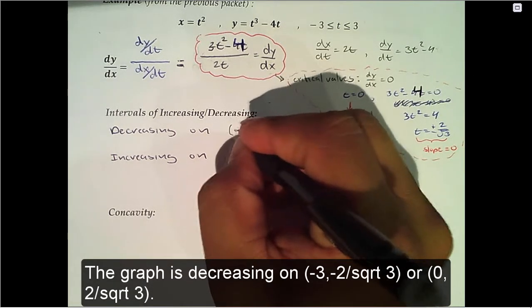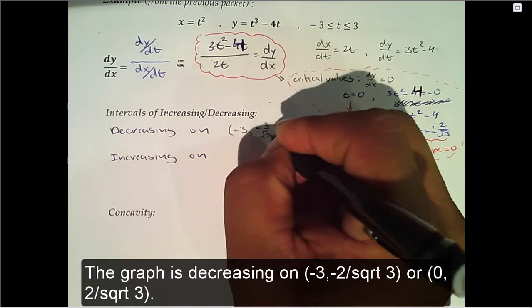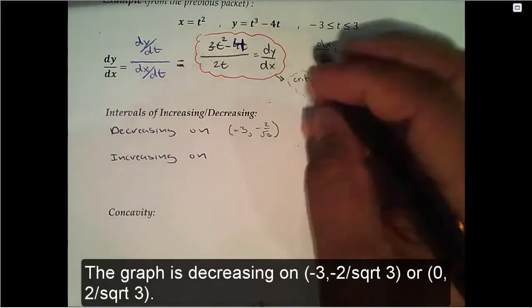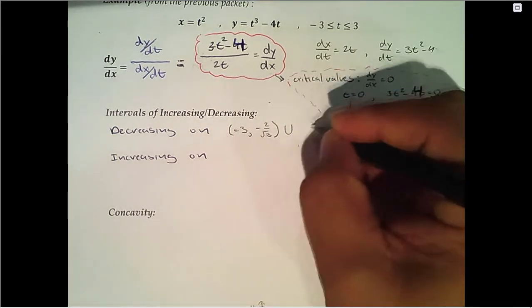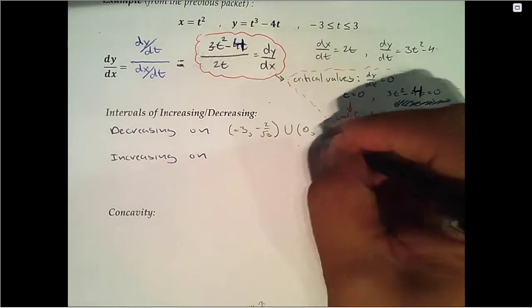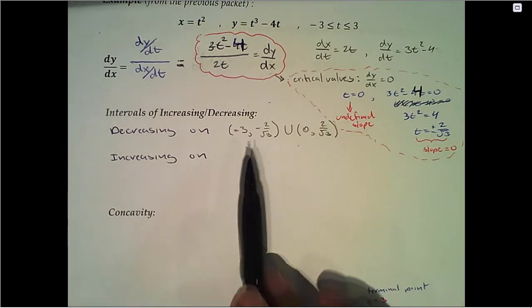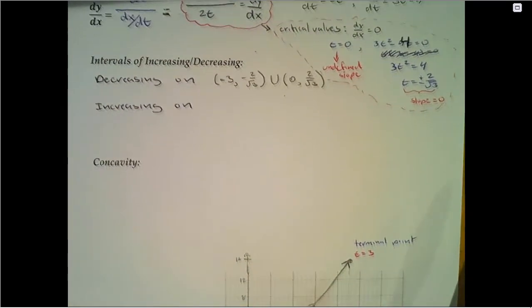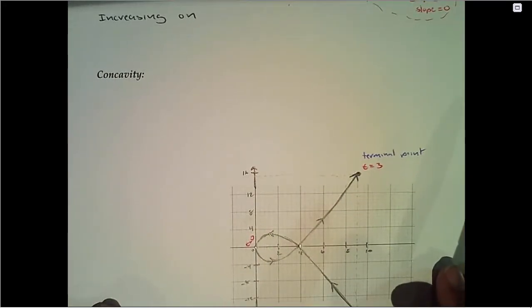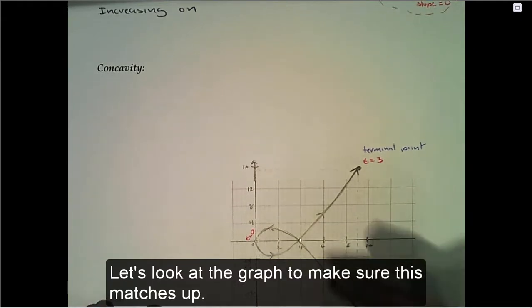The graph is decreasing on negative 3 to negative 2 over square root of 3 or 0 to 2 over square root of 3. Let's look at the graph to make sure this matches up.